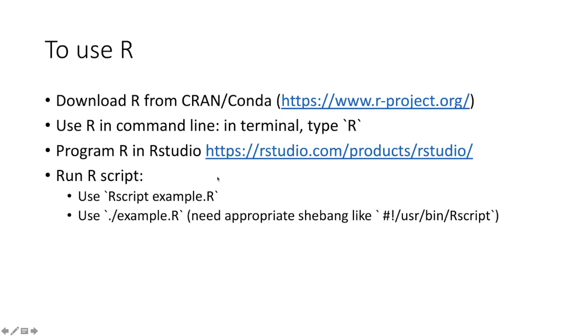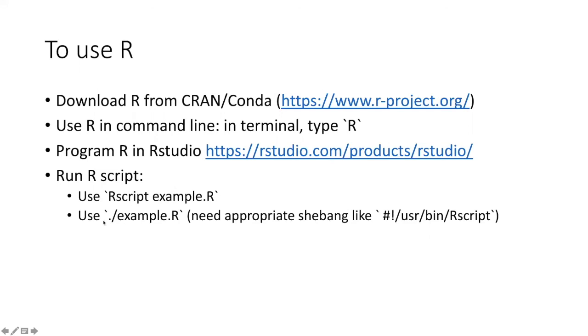Once you have R and RStudio, and you have some script, you can run this script. After you install R, you should have the Rscript command available in your environment path in Bash. So in the Bash terminal, you can type Rscript and then a space, and then add the file name of your script after it. In this way you can execute the R script and it generates output in the stdout.